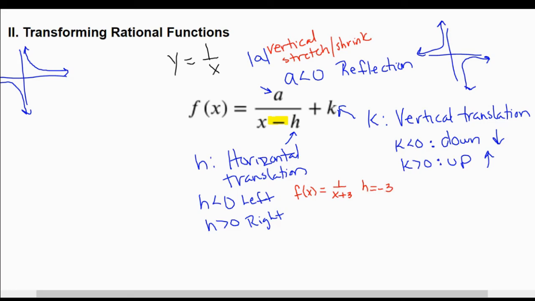So it's going to translate to the left when I see a positive. All right, and likewise, if I have 1 over x minus 4, then the h value that I have in this equation is actually a positive 4. That's why it's going to go to the right. So what you see is opposite, just like it was when we were doing our quadratic functions. So there are all of the jobs of our transformation variables. We have h, we have k, and we have a.